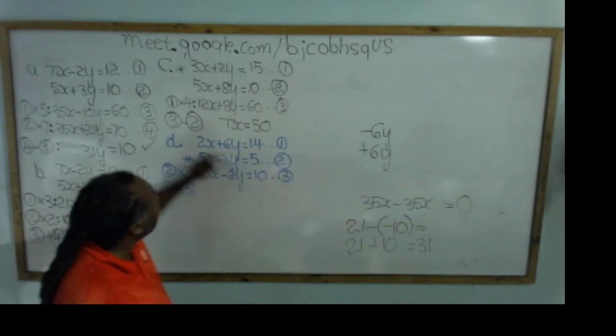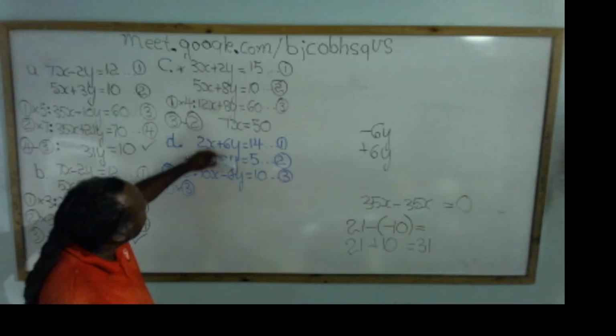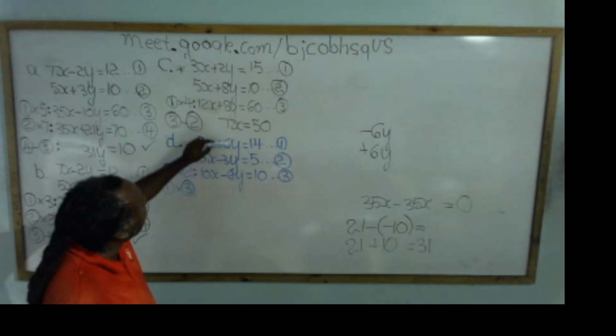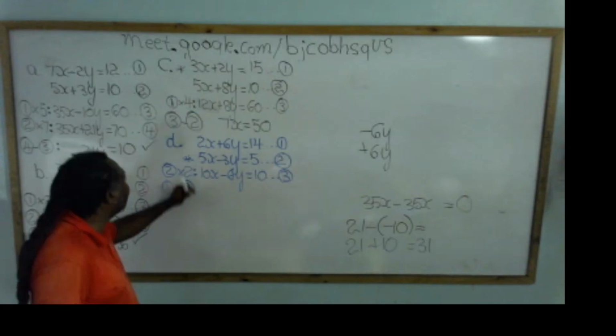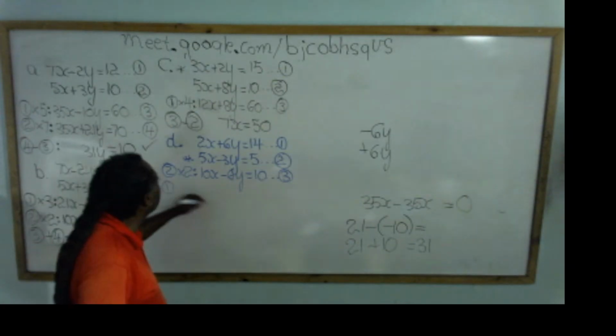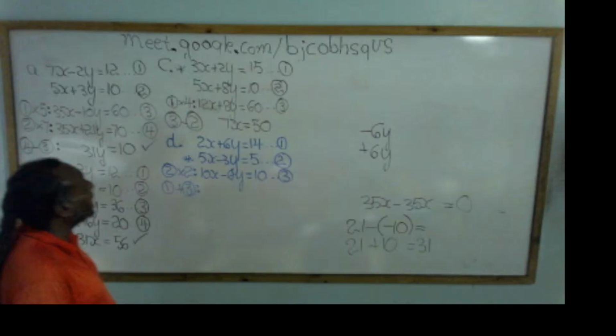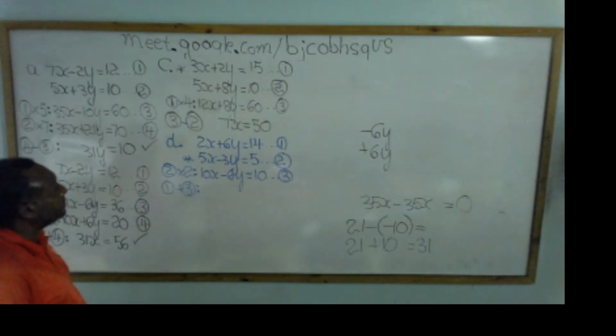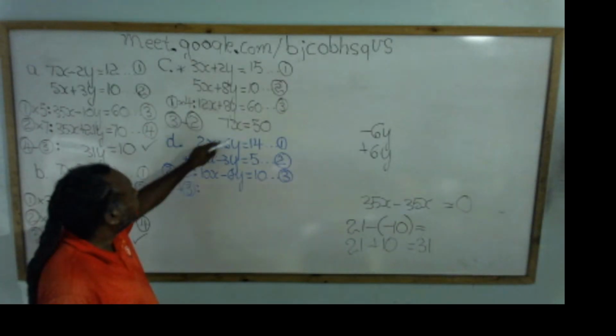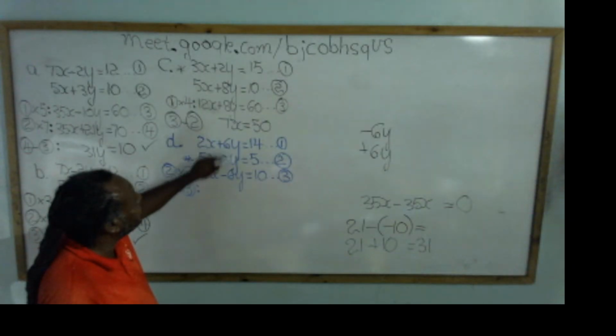And of course, when you look at equations 1 and 3, we see the y's are additive inverses. They will be eliminated by addition. So we say equation 1 plus equation 3. So we add them. And when we add those two equations, what will happen? Notice that the additive inverses, which are the y's, will be eliminated.